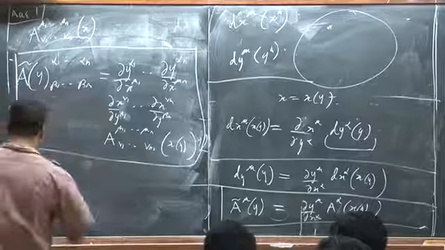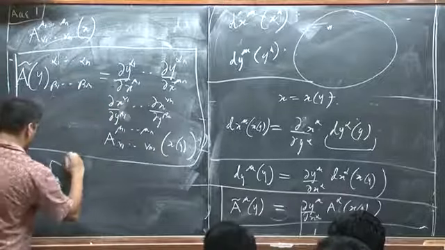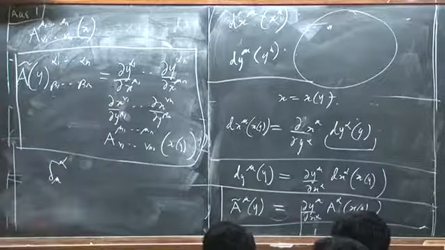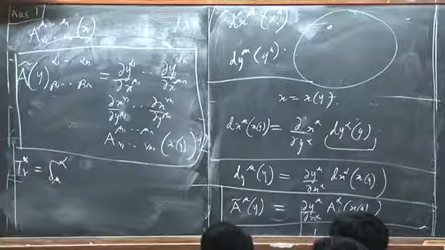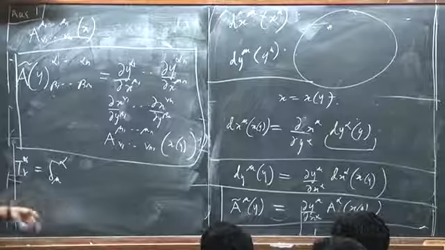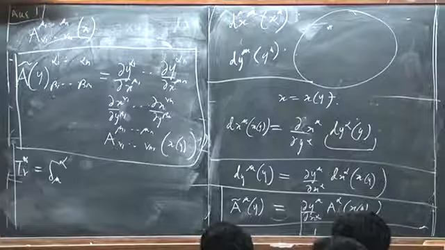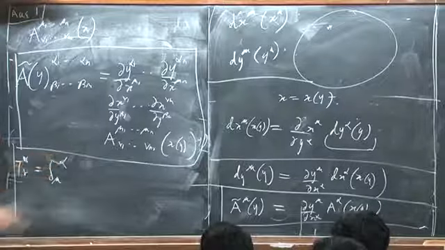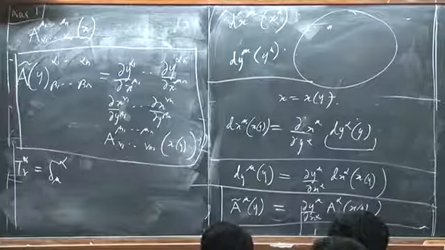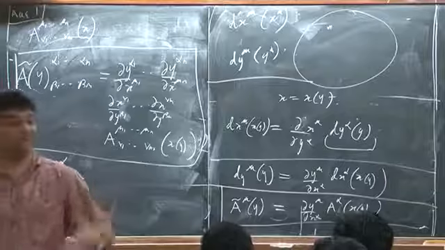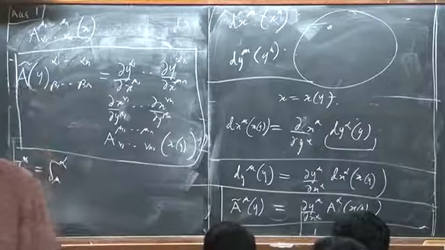Let me give you an example. Suppose I take this object, a tensor field T mu nu, which is the Kronecker delta. So it's always either 0 or 1, and it's 1 only when mu equals nu. Now, let us find the rule for the transformed Kronecker delta.